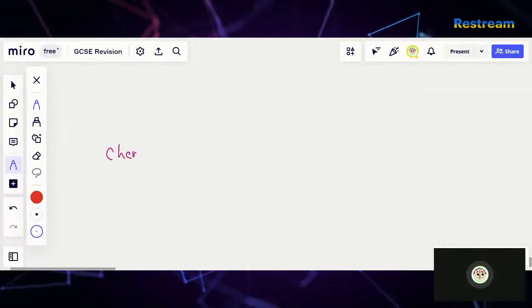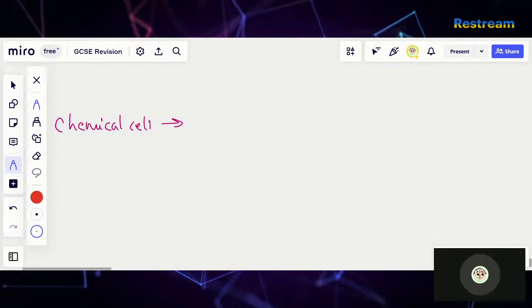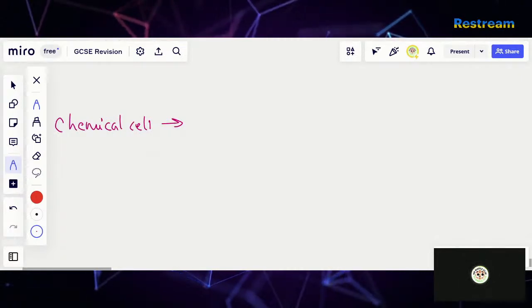So a chemical cell uses a chemical reaction to produce energy.